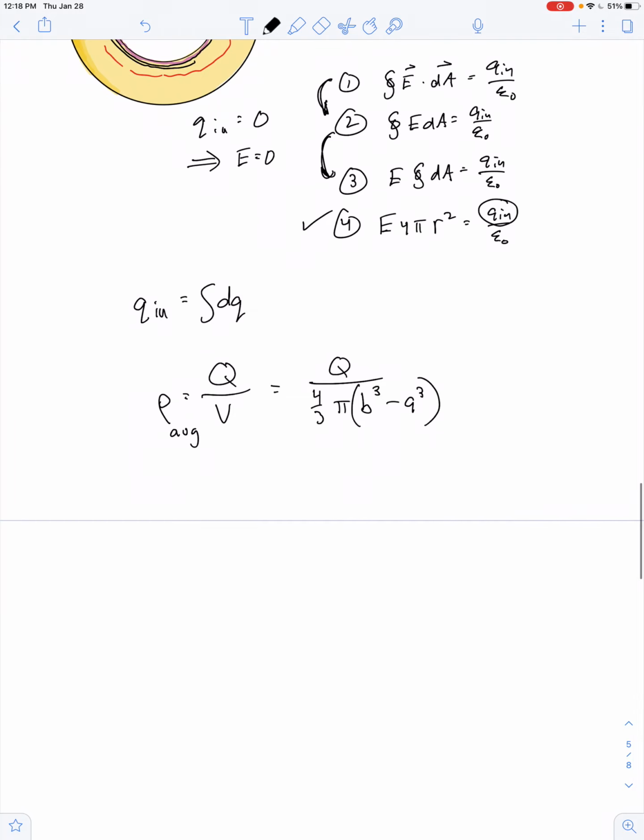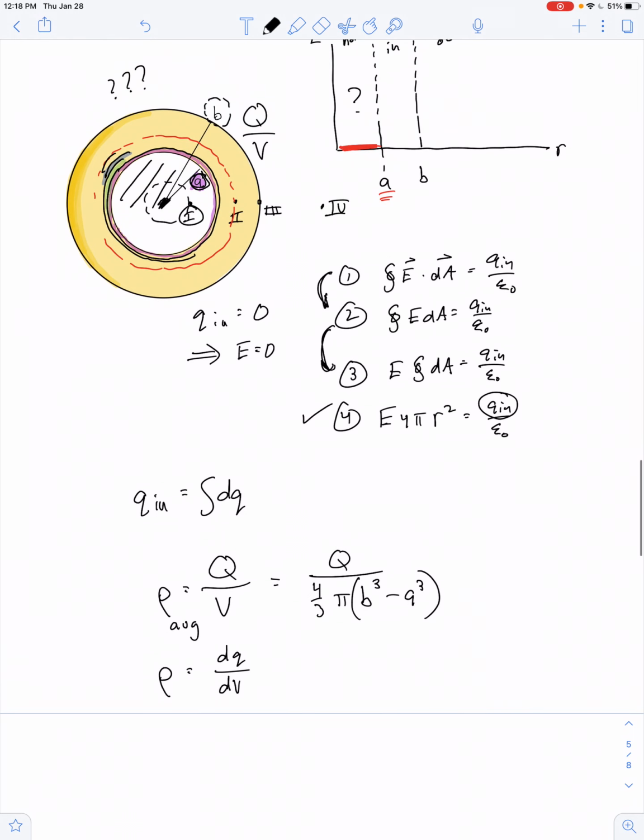Okay, let's see. It's just as well to say the density is equal to any fractional amount of charge by the fractional amount of volume it takes up. So we're thinking of the fractional volume as being spherical shells. These spherical shells then have a volume of 4 pi r squared. Does that represent the inner surface area or the outer surface area of one of these thin spherical shells?